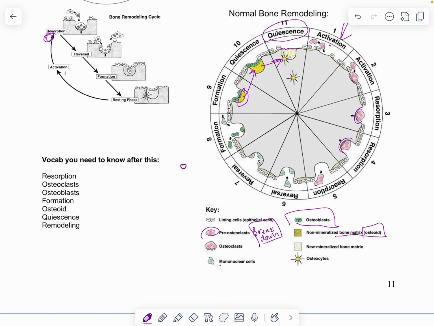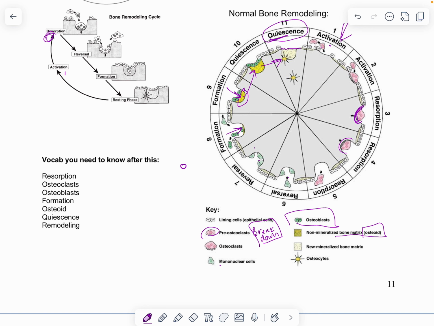So quiescence, the word quiet is right in there because your bones get quiet and they wait till they need to be remodeled again. So activation, resorption means that the osteoclasts go in and dig it out. Reversal, we're like, whoa, that's good enough. That means your osteoblasts are going to go in and form more bone. And then quiescence is when the bone kind of sits and waits.